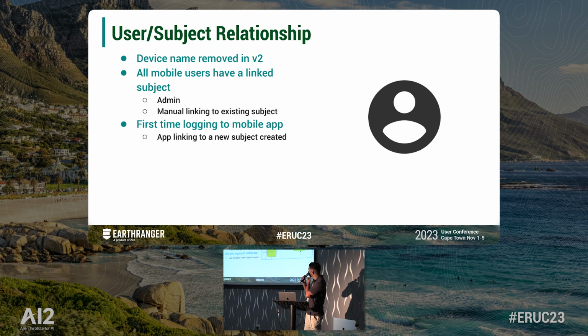And the other way is when you log into the app, you have this automated way of getting a subject to a user if you didn't manually link it in the admin. So definitely, version 2 of the app needs to have a subject being tracked in order to be working. So those are the two ways that we are currently creating subjects.